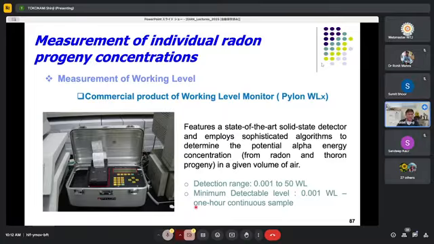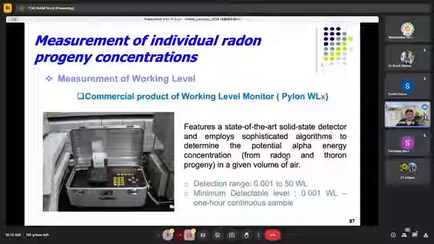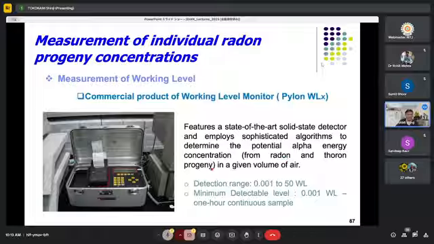I'd like to show you the commercial product of working level monitor, namely Pylon WLx. It features a state-of-the-art solid-state detector and employs sophisticated algorithms to determine the potential alpha energy concentration from radon and thoron progeny in a given volume of air.